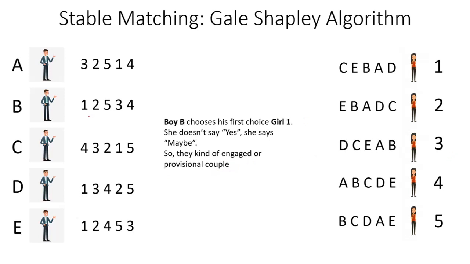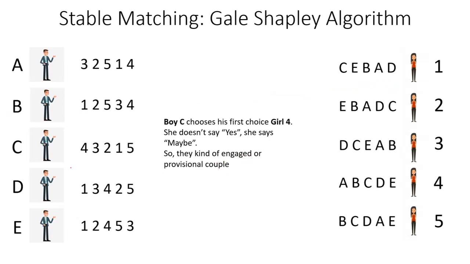Then we have boy B, and for boy B the most preferable girl is girl number 1. So he goes to girl number 1 and makes an offer, and she doesn't say yes, she says maybe. So again, they are a provisional couple.